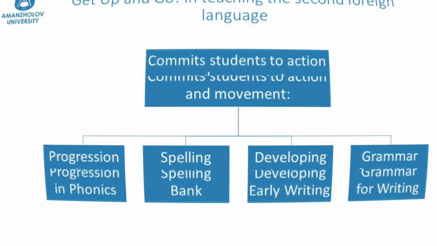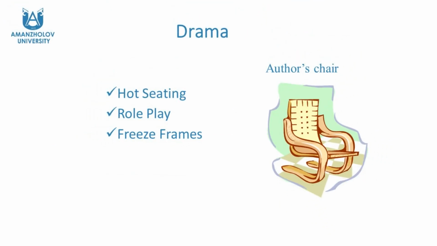And in teaching the second foreign language, the following provides a few examples of why student-centered learning should be integrated in the curriculum: strengthens student motivation, promotes peer communication, reduces disruptive behavior, builds student-teacher relationships, promotes discovery, active learning, and responsibility for one's own learning.